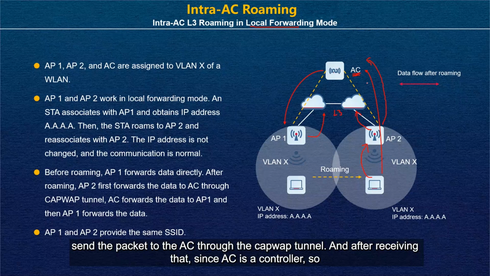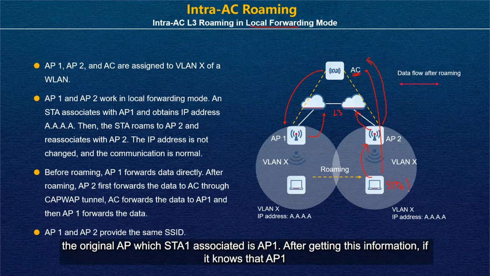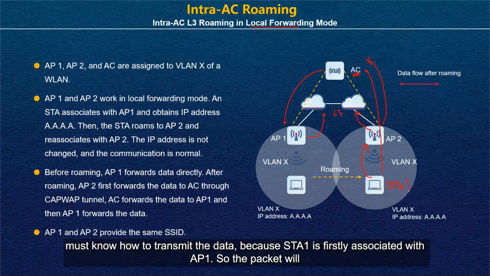After receiving it, since the AC is a controller, it will check that this packet is, for example, from STA1. The AC finds that the original AP that STA1 associated with is AP1. After getting this information, the AC knows that AP1 must know how to transmit the data, because STA1 was first associated with AP1.